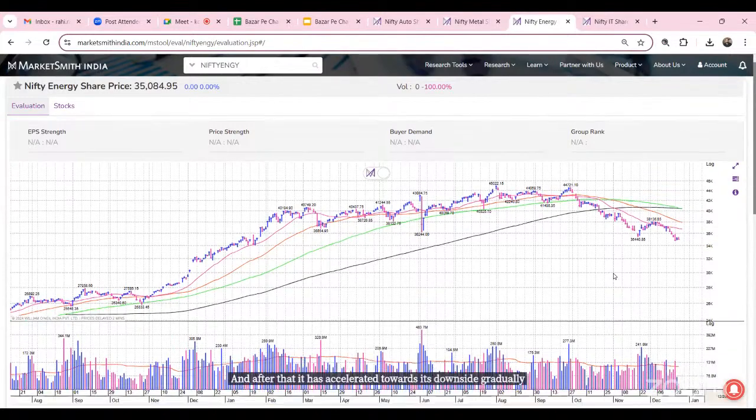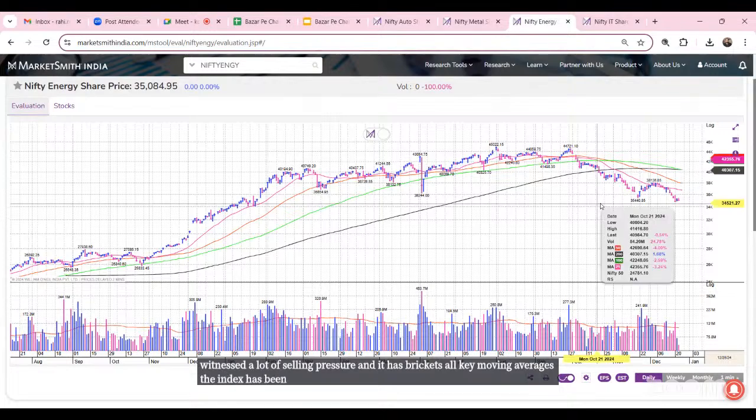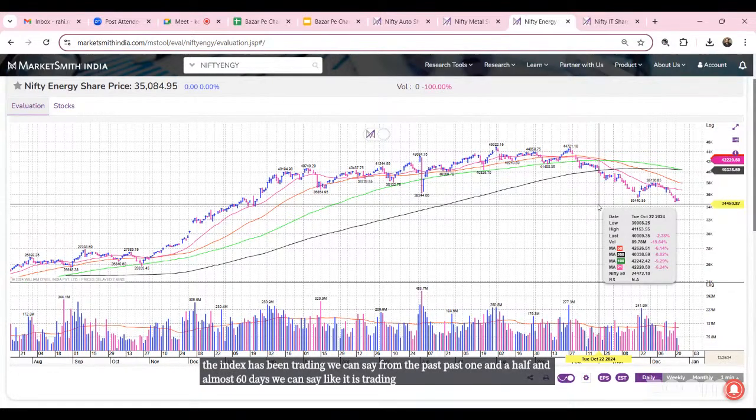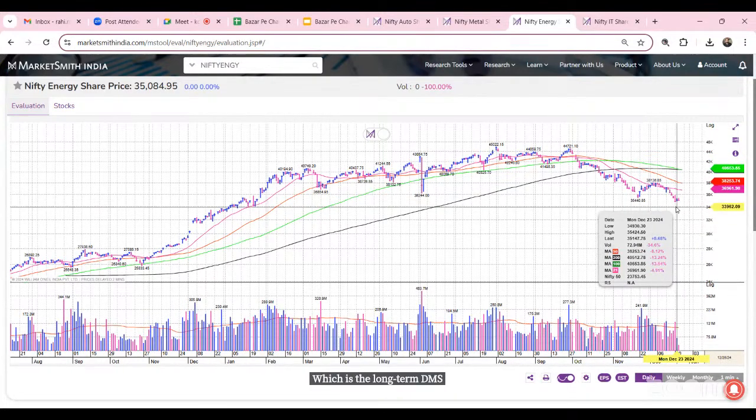The index has witnessed a lot of selling pressure, and it has breached all its key moving averages. The index has been trading for the past 1.5 months, almost 60 days, below its 200 EMA, which we take as a long-term DMA. So that is also a negative sign.